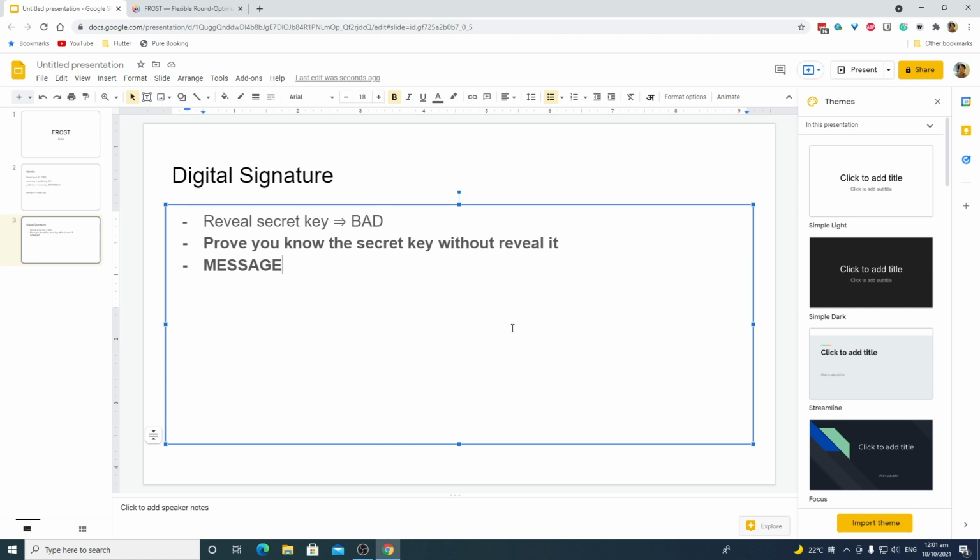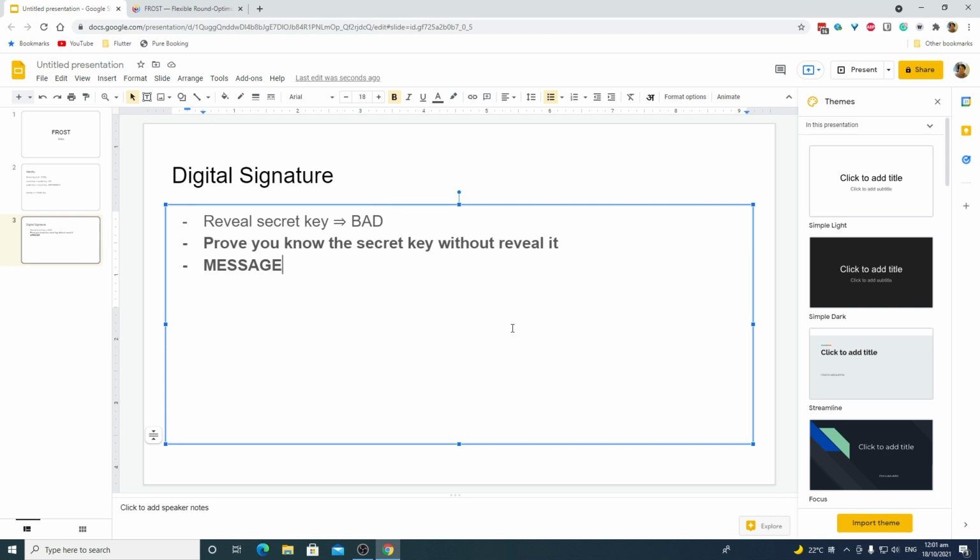So if we talk about what you would do in real life when you sign something, whether you sign a check or you sign a contract, your signature is going to be the same.